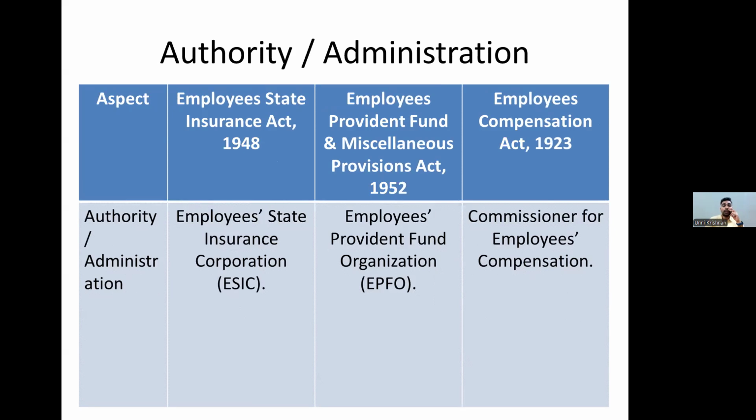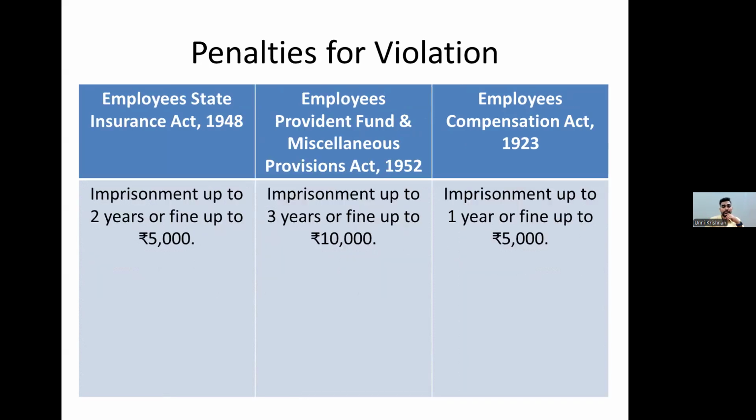Now, what are the important organizations here? The ESI Act has the corporation, the Employee State Insurance Corporation. Please go and check what is the constitution of the corporation, who all are there in it. The EPF is managed by the EPFO, Employees Provident Fund Organization, and the Employees Compensation Act is managed by the Commissioner for Employees Compensation.